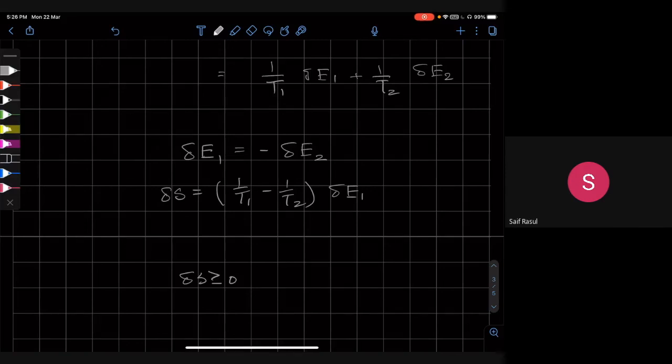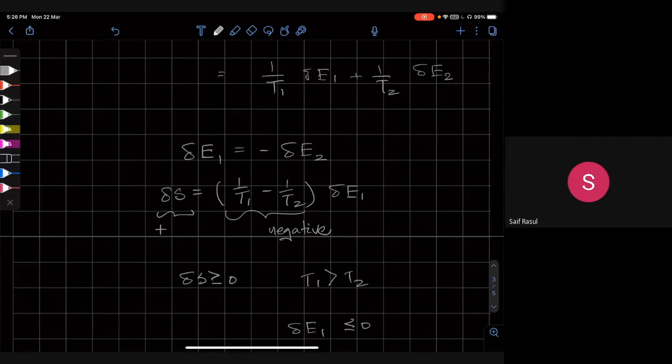So if, say, T1 is greater than T2, meaning the first object is hotter than the second, then this factor is negative, but delta S is positive, therefore delta E1 has to be negative.